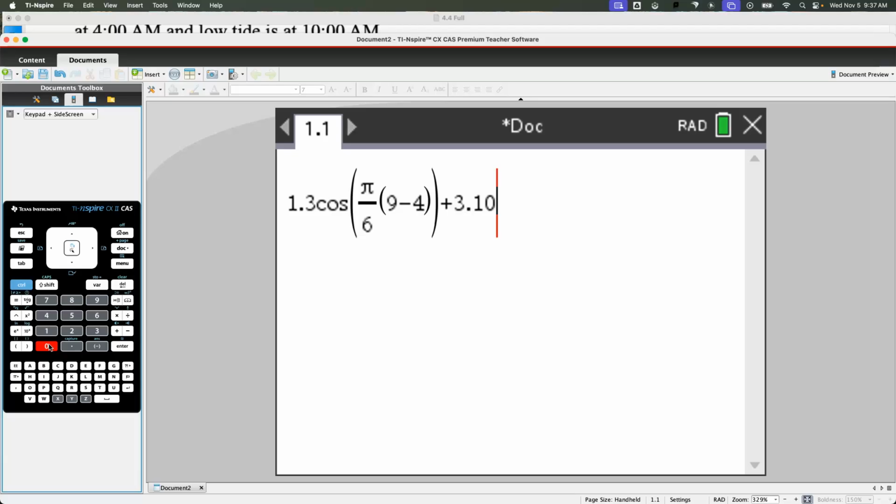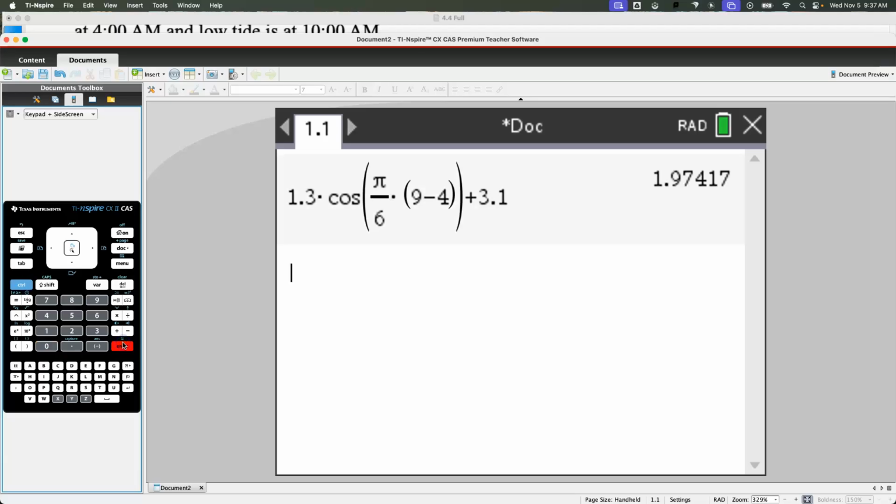So your depth then should be 1.974 meters.